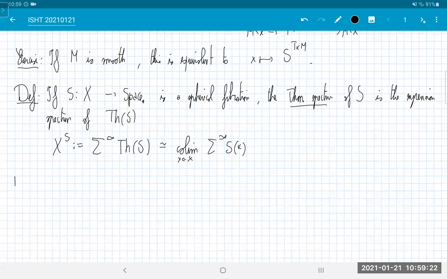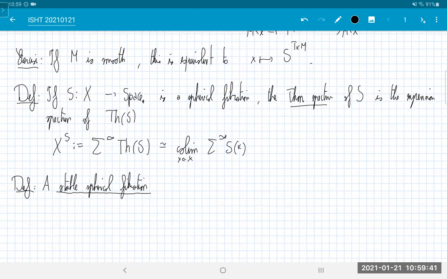So, definition: a stable spherical fibration is essentially the same thing as a virtual vector bundle compared to a vector bundle.